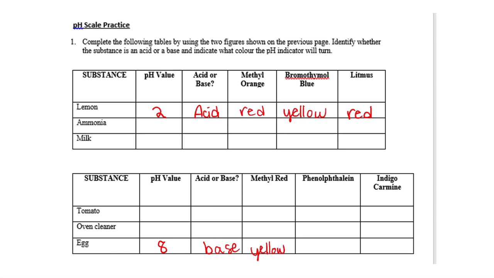In phenolphthalein, it is going to appear colorless or slightly pink, depending on if it leans a bit more basic. And then indigo carmine, it is going to be blue. So pause here and make sure you finish the rest of these before moving on. I will post the answers for these.